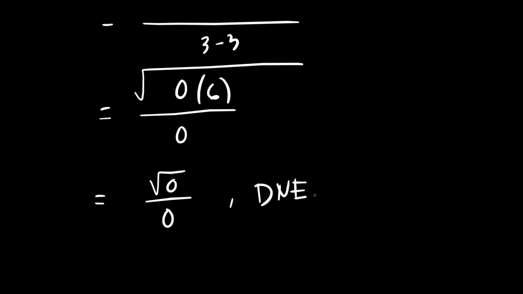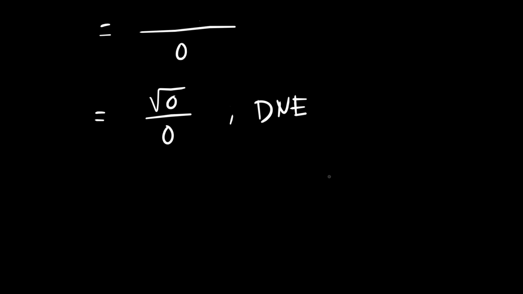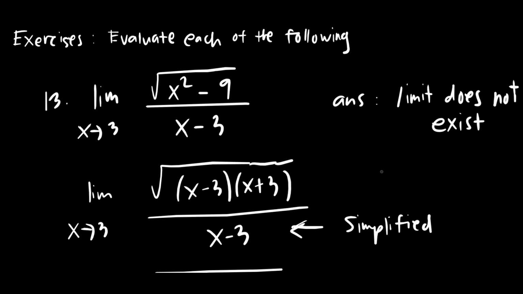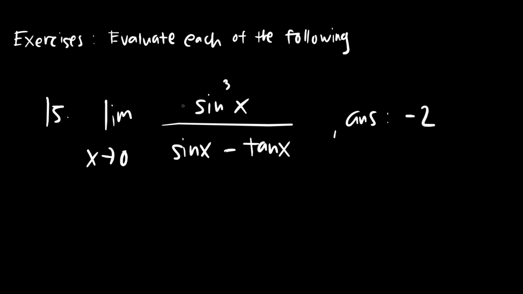So for this one, the answer will be: limit does not exist. This will be our final answer. Let's check if our answer is correct. Limit does not exist. So let's proceed to number 15.